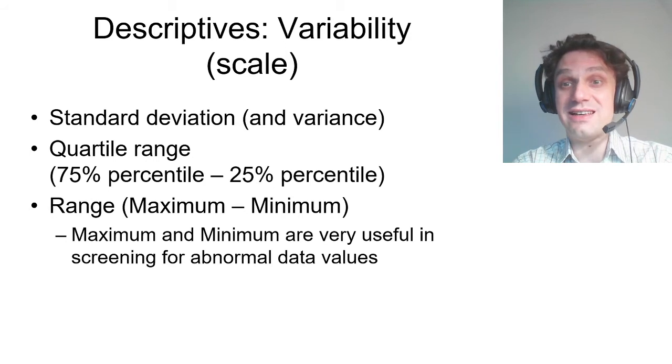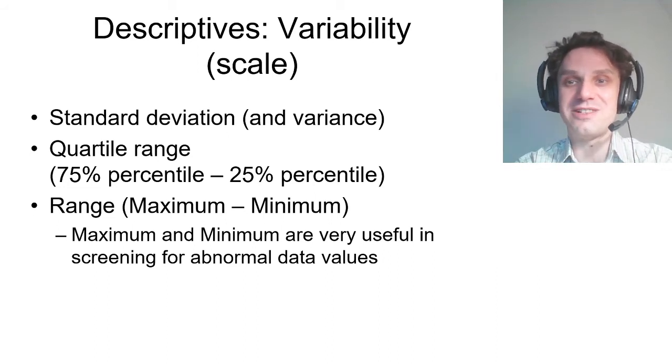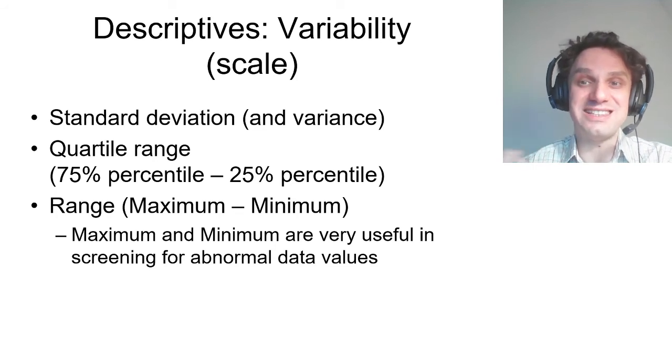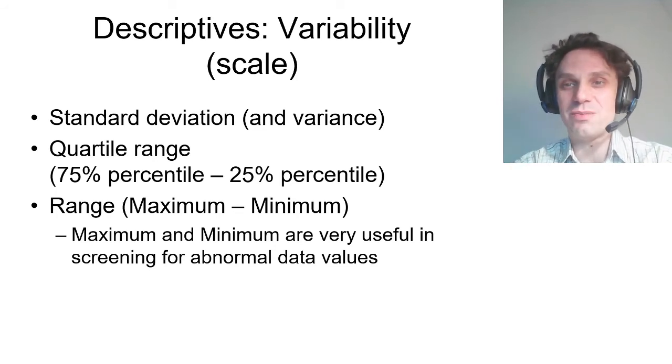Variance is basically pretty much the same, but it's squared. That's why it's not so convenient. So if you're measuring variability of, for example, people's height measured in centimeters, variance will be expressed in square centimeters because it's squared, and standard deviation will be expressed in your original units.